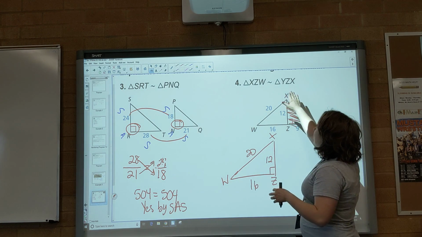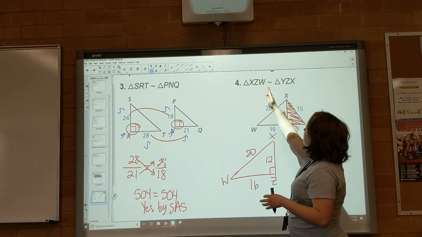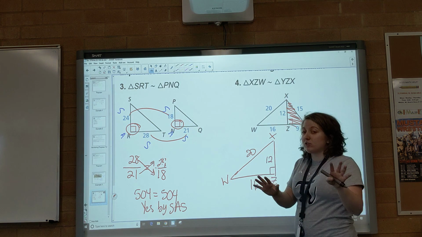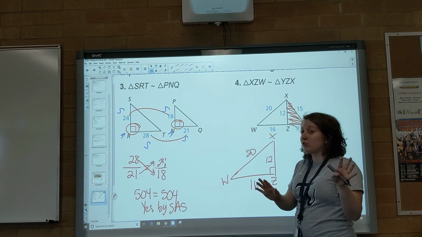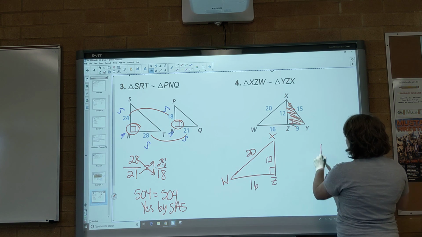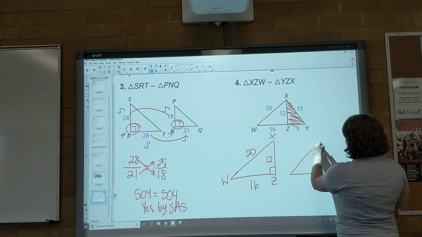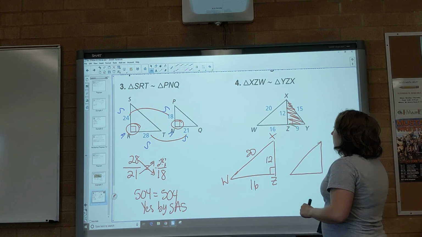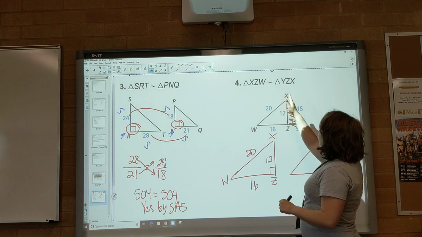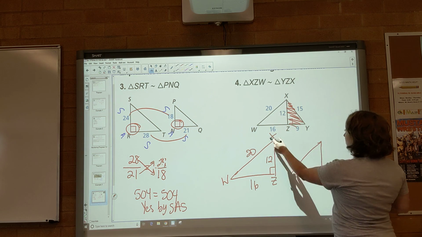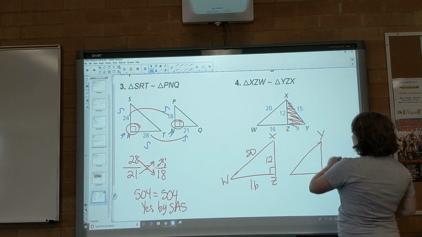So I'm going to look at the letters that they give me. I know that X goes with Y. So now, like Mr. Lee does, without even looking at the picture, I'm going to just draw another triangle over here, a little bit smaller, like that. Okay, so now X goes with Y. X was on the top here, so Y is going to go on the top here.